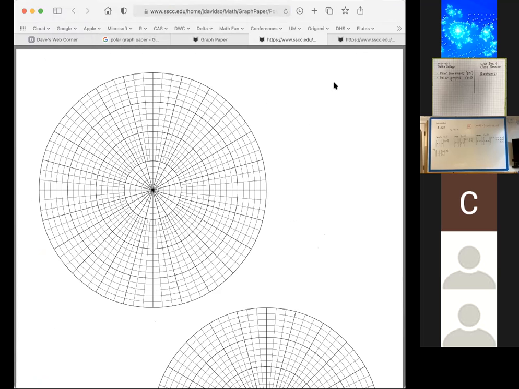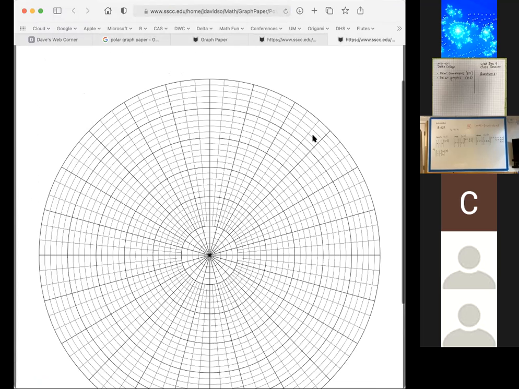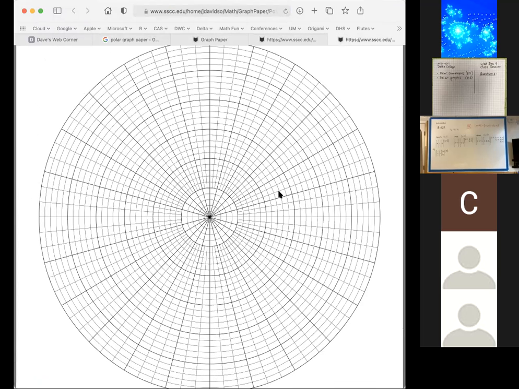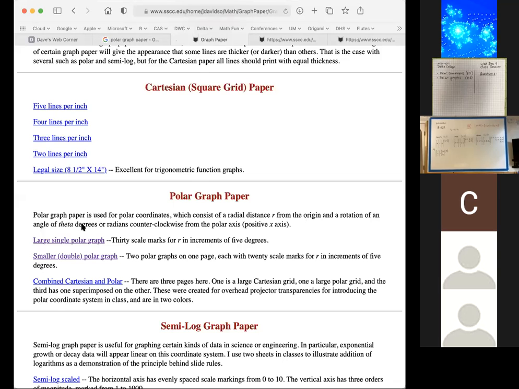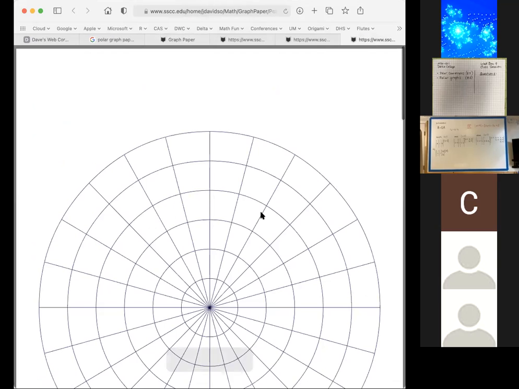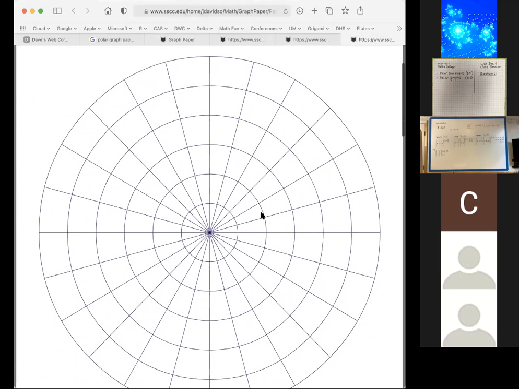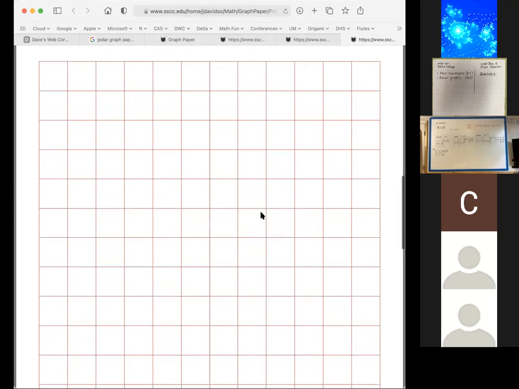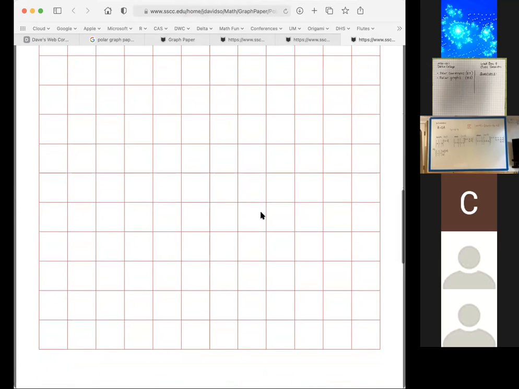Here's one with very dense lines. Here's one with even more dense lines. I printed some out so we could draw on it today. And then here's some combined with a little bit gentler, not so dense lines. Here's a polar graph paper. Here's a Cartesian graph paper.